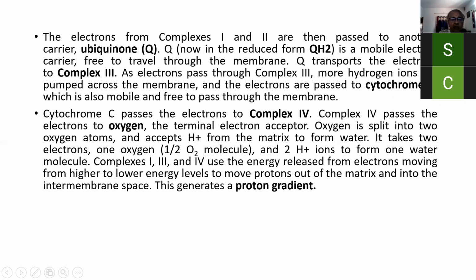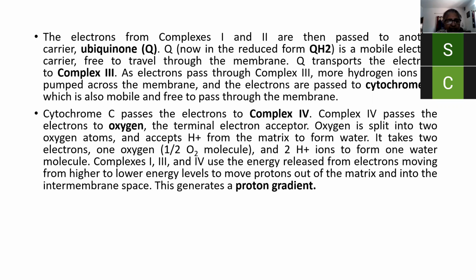How the electrons that are coming from complex 1 and complex 2 will then go to the ubiquinone, that is Q. That ubiquinone gets reduced to QH2, which is nothing but a mobile electron carrier. So it can become ubiquinone and ubiquinone H2.